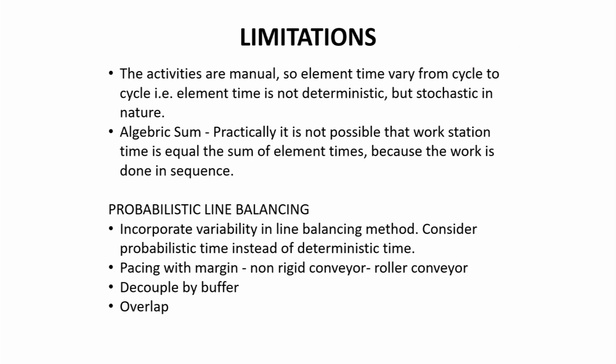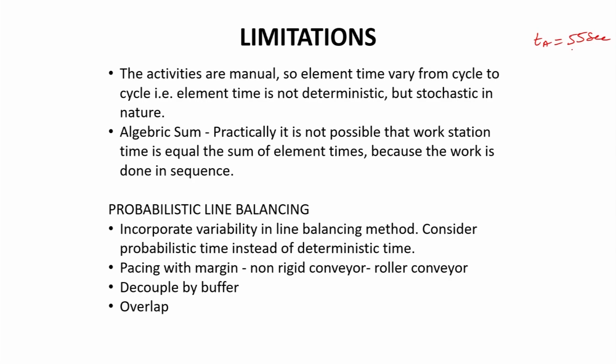There are certain limitations which we keep in mind. Since the activities are manual, element time may vary from cycle to cycle. Like we said T A is, let us say, 55 seconds in our RPW technique.